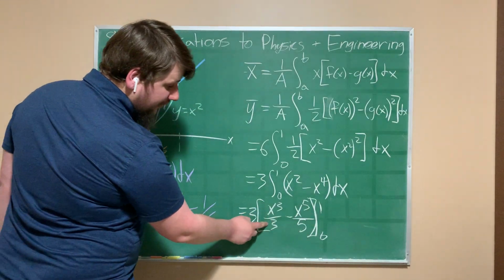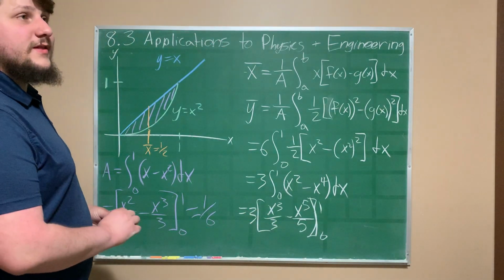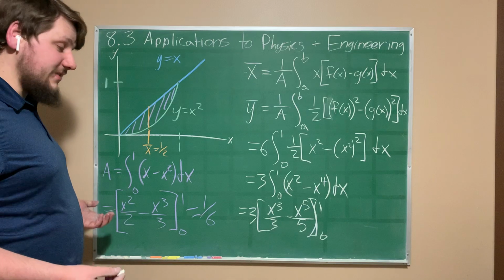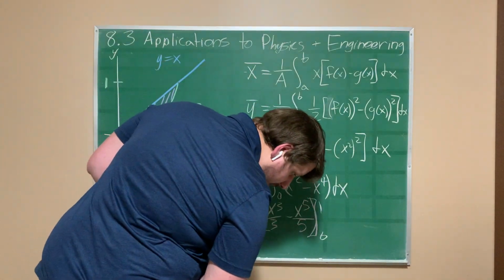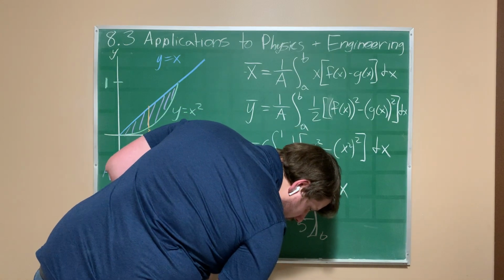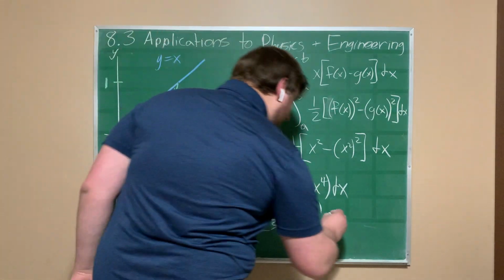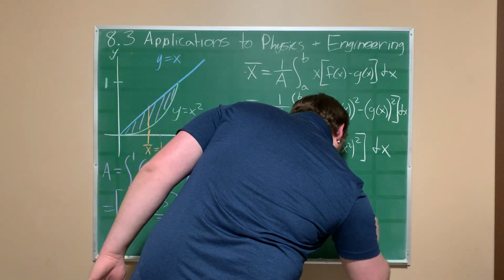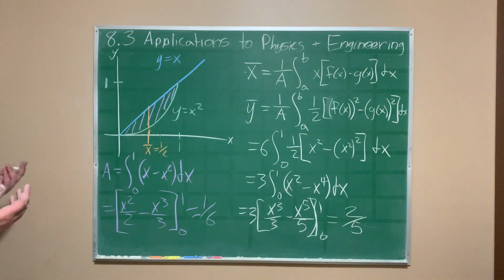We're going to have 1/3 minus 1/5 inside of here. That's going to be 2/15 when we multiply it all out. So we're going to have 2/15 times 3, which will be the same thing as 2/5. Yes, I was correct. So 2/5 or 0.4.